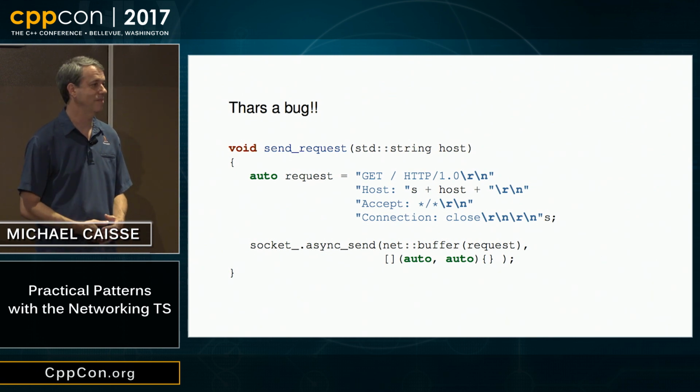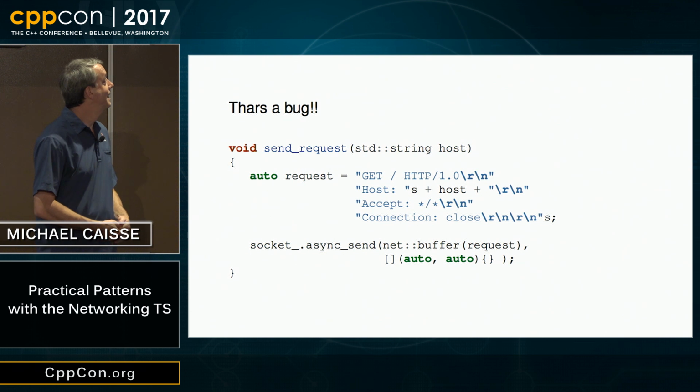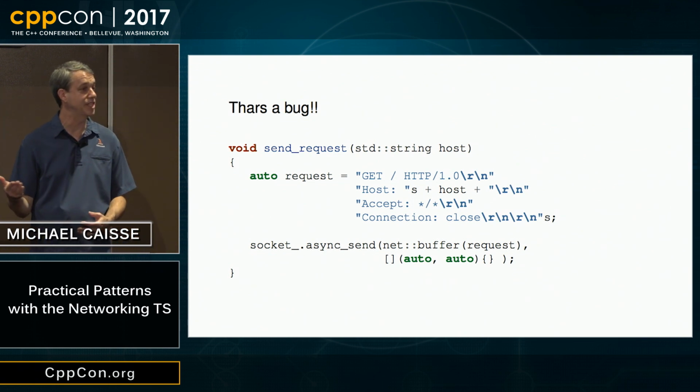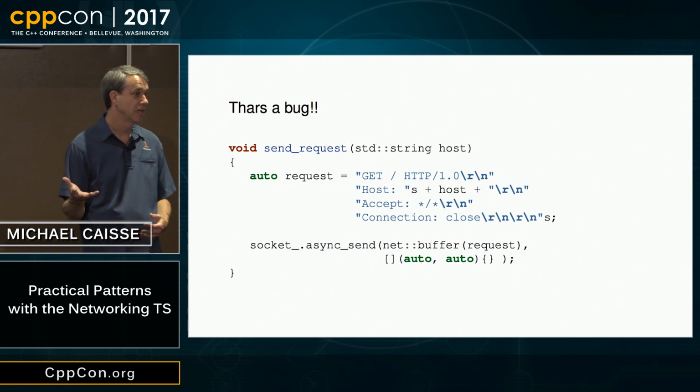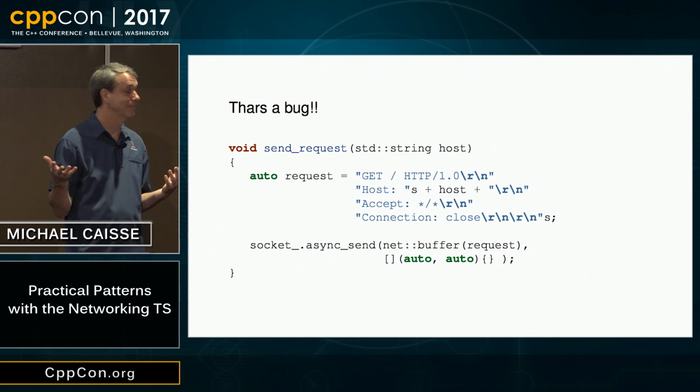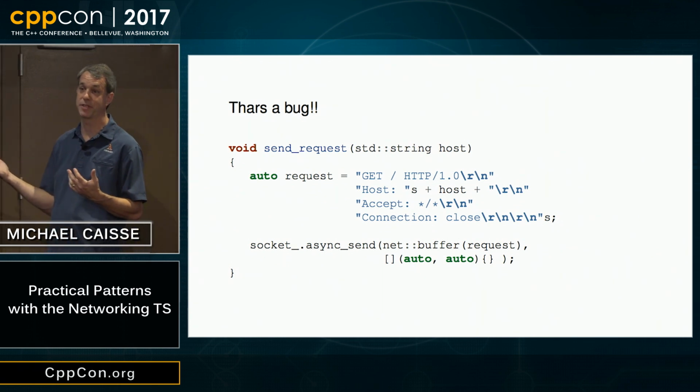Okay, what if it doesn't send anything? What else is a problem? Yeah, the buffer is a big problem, isn't it? Yep, so here I am passing this request, which is a temporary string, to buffer. And so I'm going to get a buffer sequence of a temp.